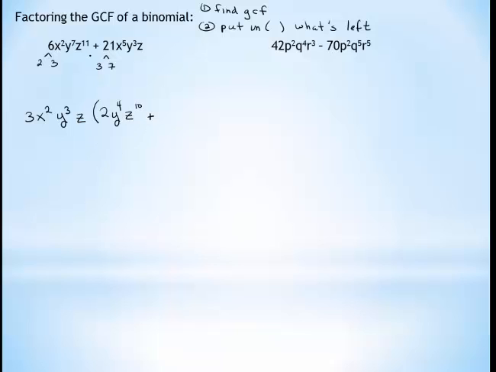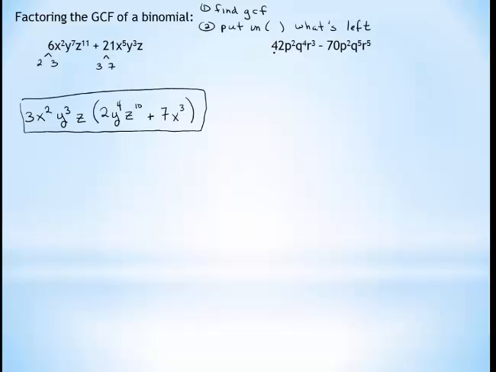I keep the sign the same. 21 divided by 3 is 7. There were 5 x's, I took 2 away, so there are 3 left. There were 3 y's, I took 3 away, so there are none left. There was 1 z, and I took 1 away, so there are none left. And this is the factored form of that first binomial.